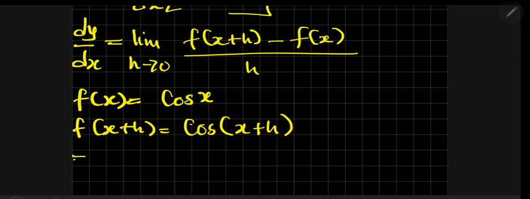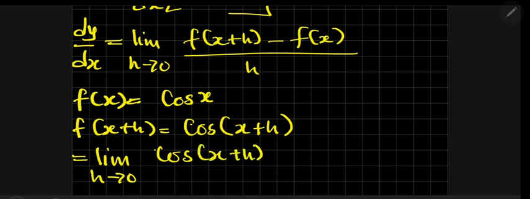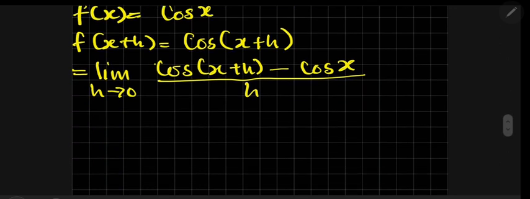Replacing, we'll have the limit as h is approaching 0 of cosine of x plus h minus cosine of x, divided by h. And remember the sum to product rule. Sorry, let me write that properly.